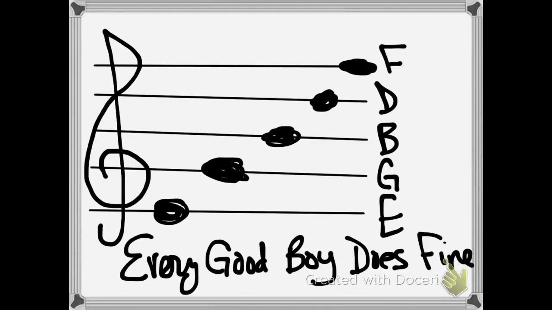Now we need to figure out the space notes. What note comes between E and G? Right here. Think A, B, C, D, E, F. So we have F. Alright, we already talked about this note, but let's remind ourselves, what do we go to after G in the musical alphabet? A. Now we need to figure out this note in this space.